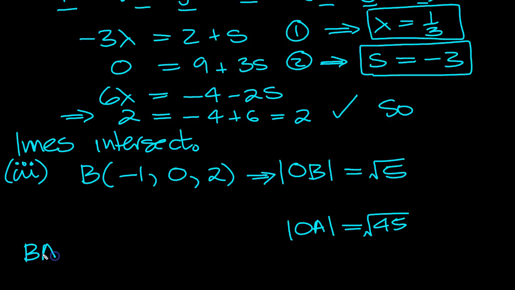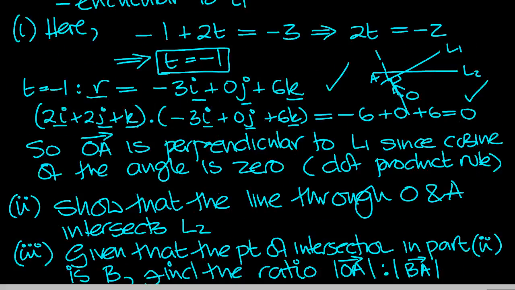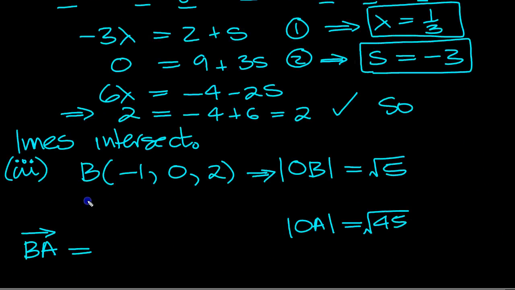So we need BA now. So BA, to A, which is A minus B basically. So let's get the coordinate of A. Shouldn't take too long now. Minus 3, 0, 6. So A is minus 3, 0, 6. So B to A is a vector then.